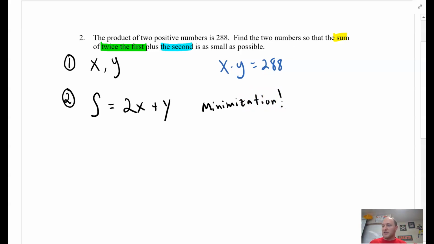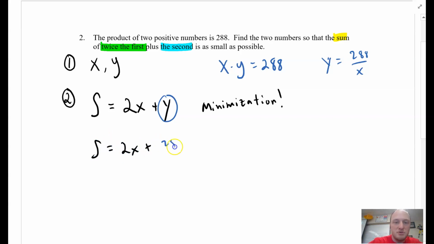So, step 3, it says rewrite with only one variable on each side. This may require a second equation. Well, I have an isolated variable here, which is y. So I'm just going to rewrite y as 288 over x. And then I'll substitute. This gives us s is equal to 2x plus 288 over x.